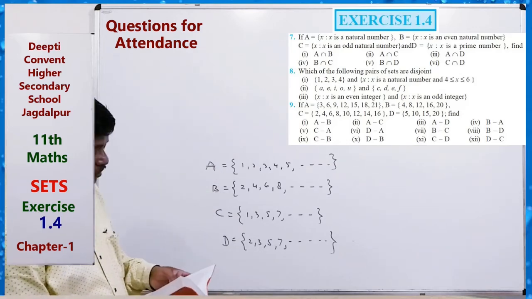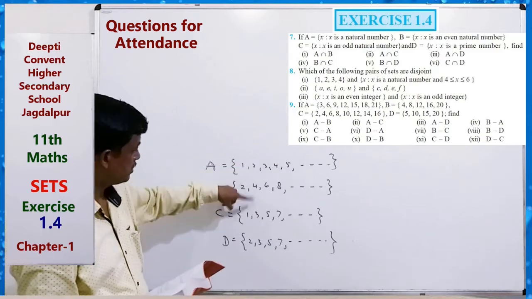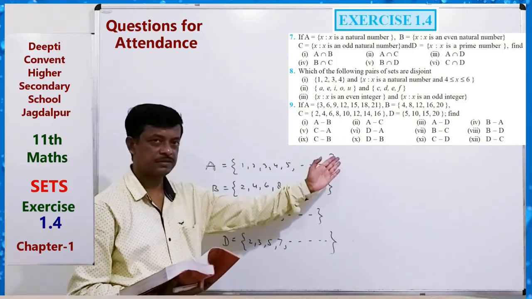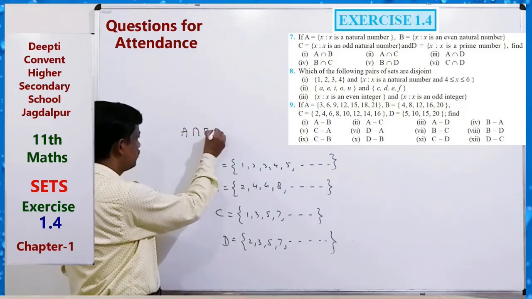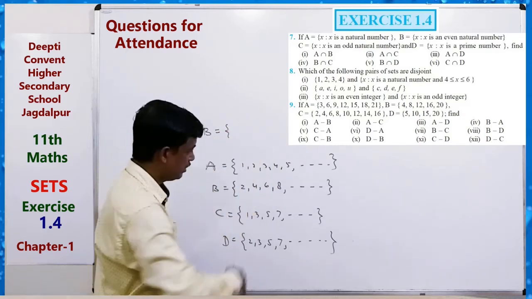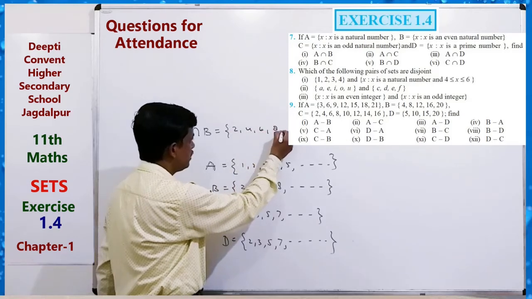So first, for finding A intersection B, what will we get? A intersection B means all the elements common to both: 2, 4, 6, 8 and so on.